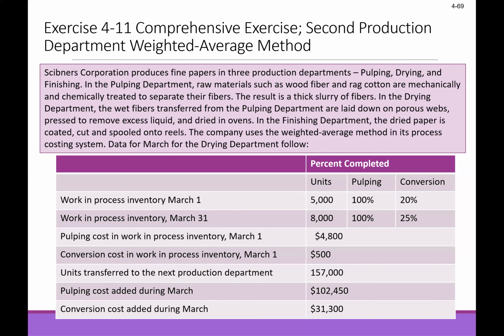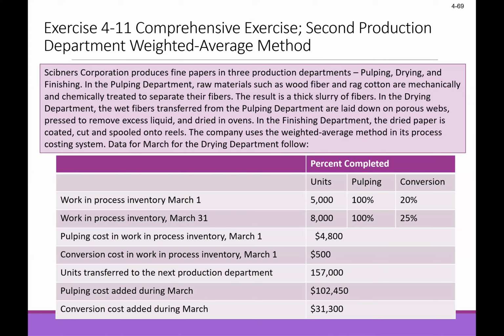So we see the number of units that were started, and then we know, of those units that started, what percent were complete in regards to pulping, and what percent is complete in regards to conversion. We know the ending inventory and work in process, the units in regards to pulping and conversion.